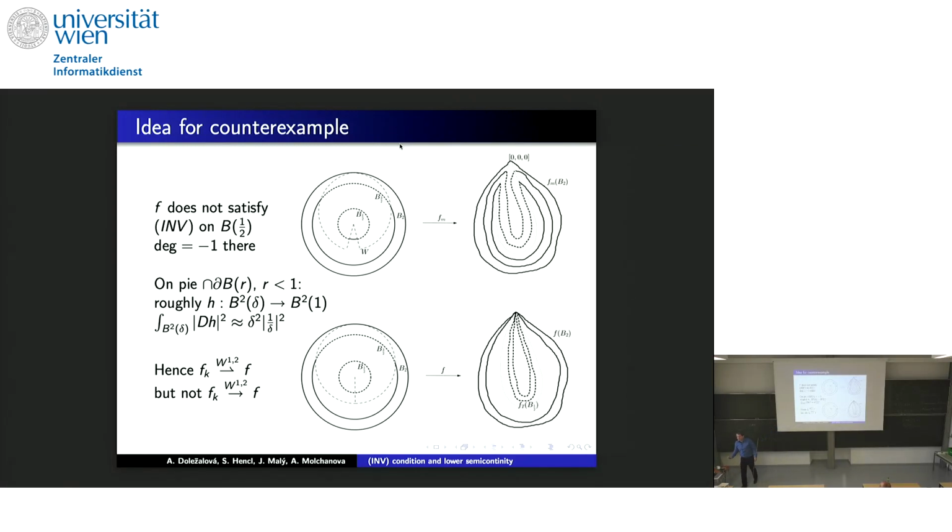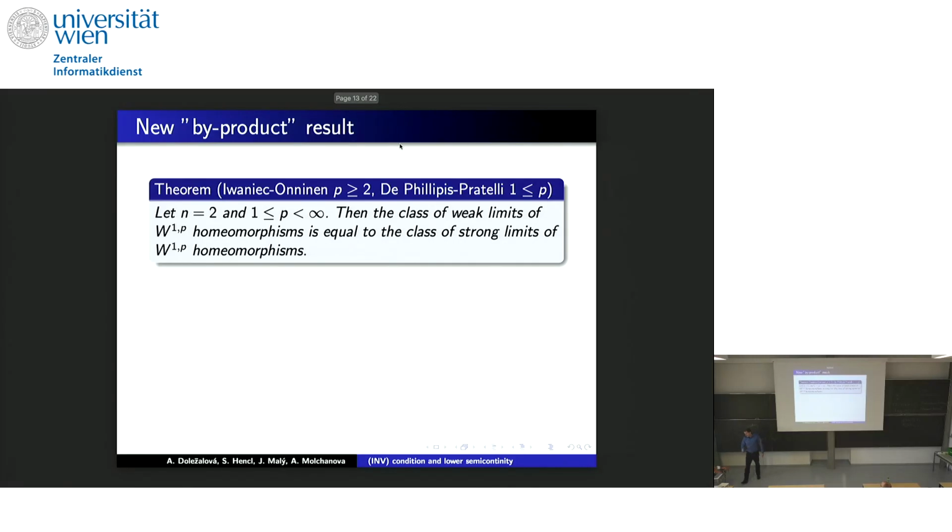So why I'm pointing this out: there are very nice results in the planar case. For p bigger or equal to the dimension, it was first done by Iwaniec and Onninen, and then later it was extended to all cases of p by De Philippis and Pratelli, that the class of weak limits of homeomorphisms and the class of strong limits of homeomorphisms are the same.